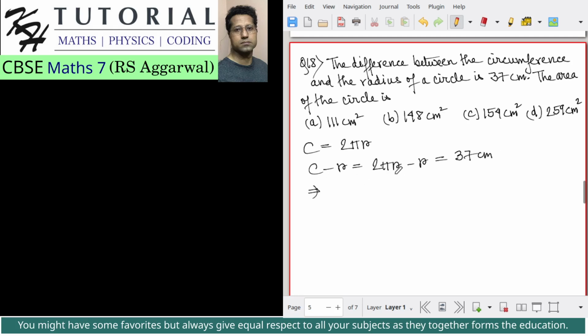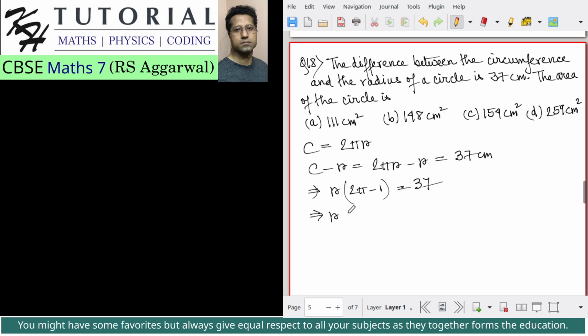So this implies 2 pi r minus r. If I take r common, I have r multiplied by 2 pi minus 1. This is 37. Okay, so this implies whenever nothing is mentioned in a problem, you must always consider the value of pi to be 22 by 7.